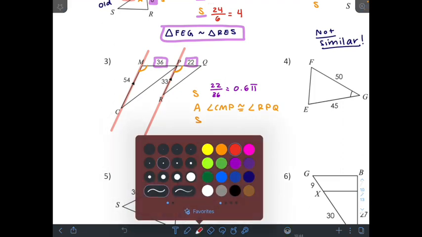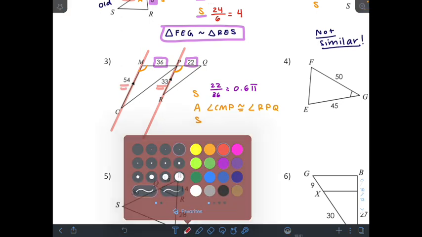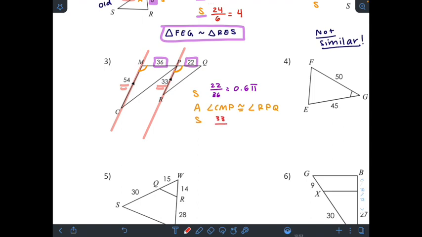Then I can go through and check the other one. So the longer sides were 33 and 54. That's what we can check next. 33 divided by 54. See what that gets me. Also 0.611 repeating. So last thing, again, just make sure that it spells side, angle, side when you write out everything that was compared.